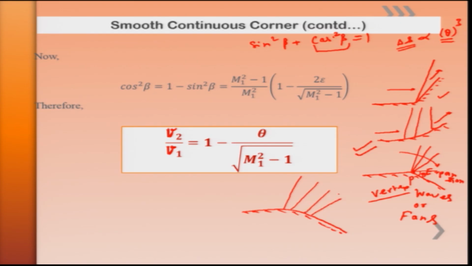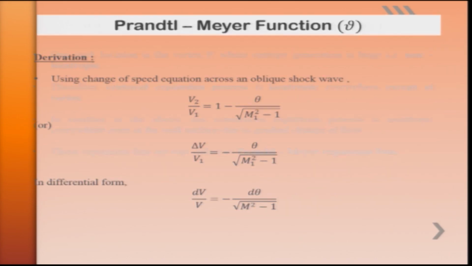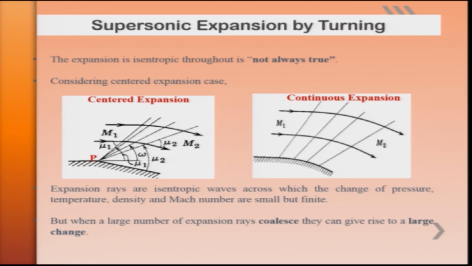In this case, the flow field coming upstream will be isentropic everywhere, including near the surface, because the waves are not meeting or coalescing into each other at one point, and since they are distributed over the surface, the flow field away from the wall as well as near the wall is isentropic in nature. And these waves, generated as distributed or centered, are commonly termed Prandtl-Meyer expansion fans.